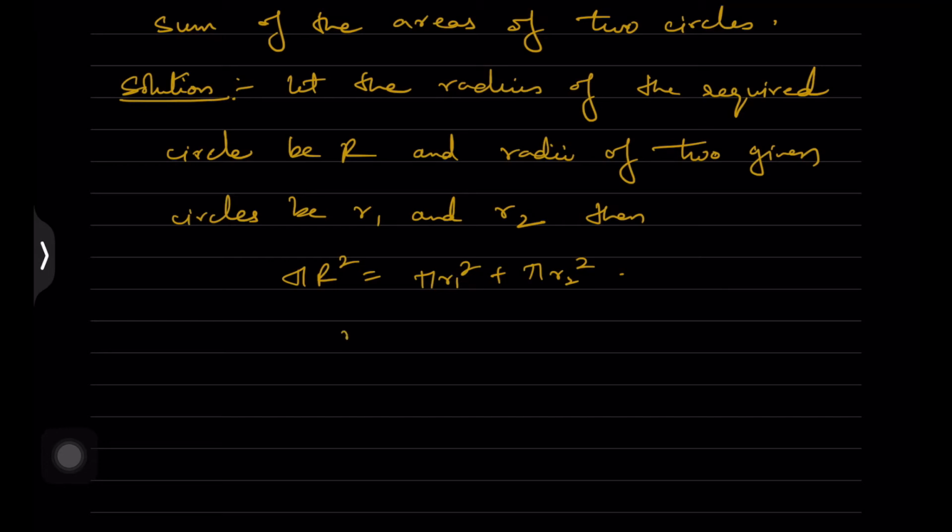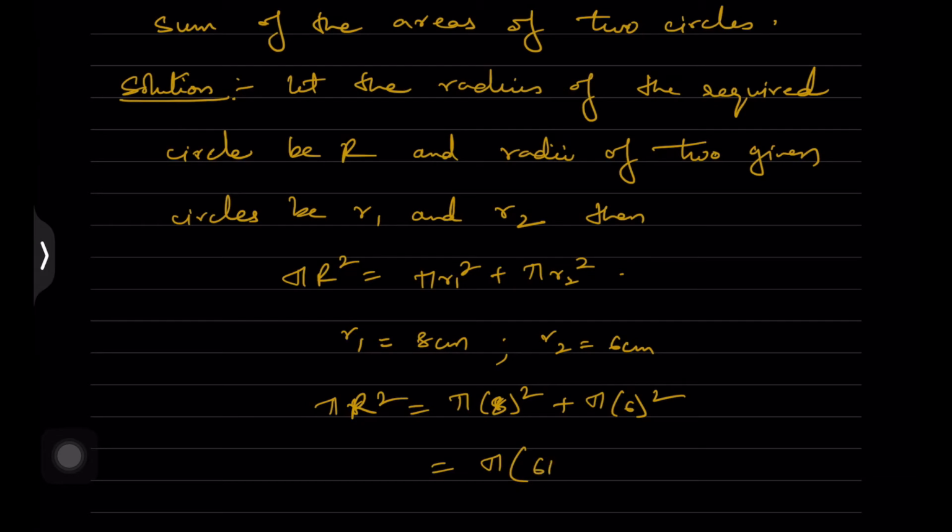So here R1 is equal to 8 centimeters and R2 is equal to 6 centimeters. Now substituting, pi capital R square is equal to pi into 8 square plus pi into 6 square, which is equal to pi into (64 plus 36).